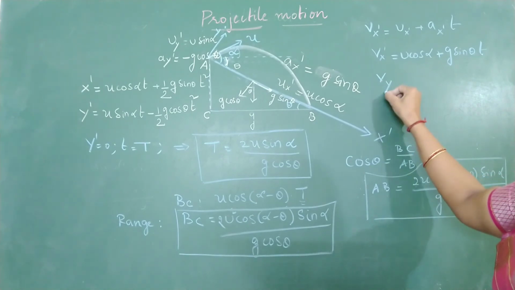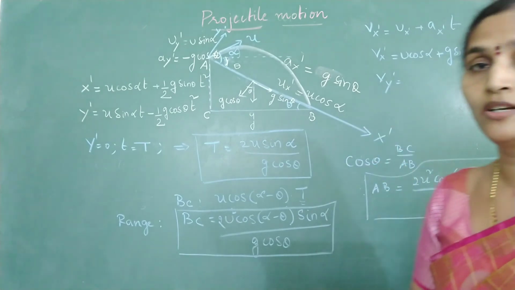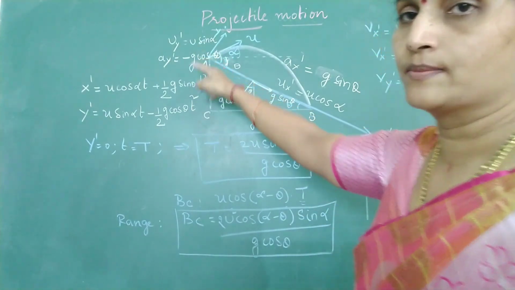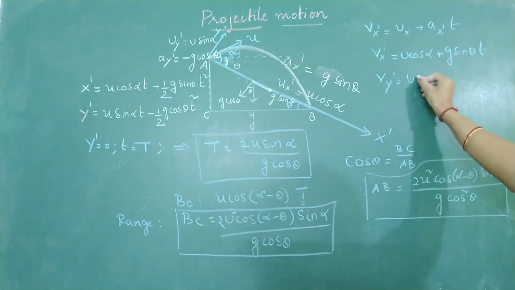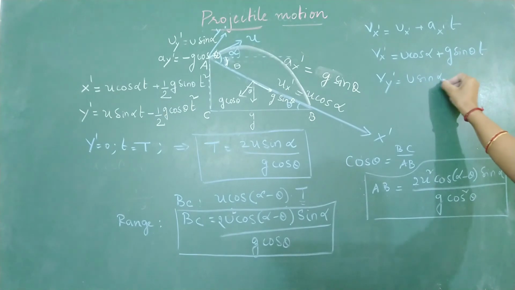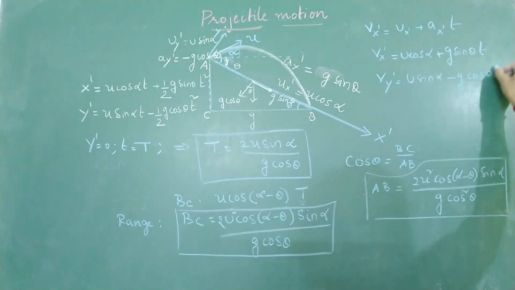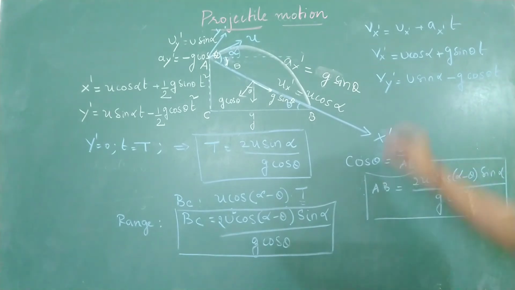Similarly, vy dash, the vertical component of velocity, both are variables this time. Make use of these two terms. You will get u sin alpha minus g cos theta into t. So this is vx dash and vy dash.